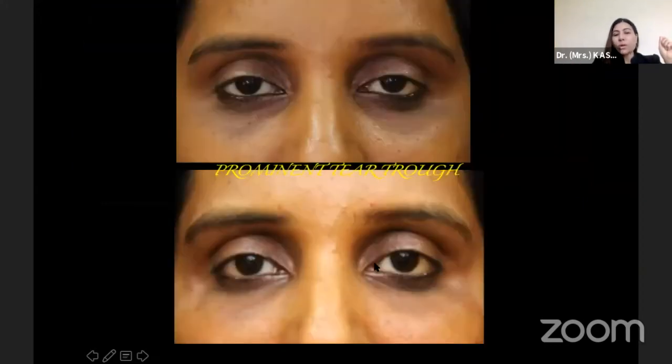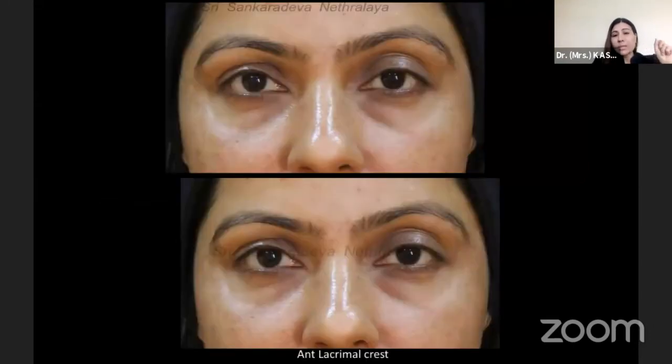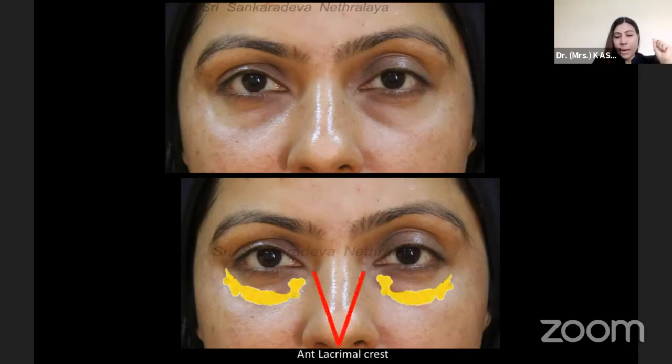As you can see here, all the valleys are being treated. But if you have a young lady like this, who has got both the hills and valley, a little bit of fat prolapse and a very prominent tear trough, then you need to assess whether you would like to do surgery or an injection filler. If all the orbital fat lies below or behind the anterior lacrimal crest plane, then this is an indication for dermal fillers.